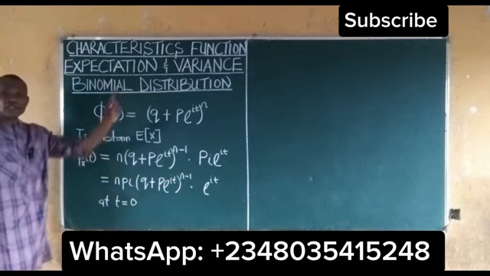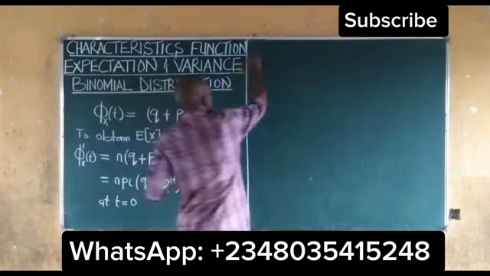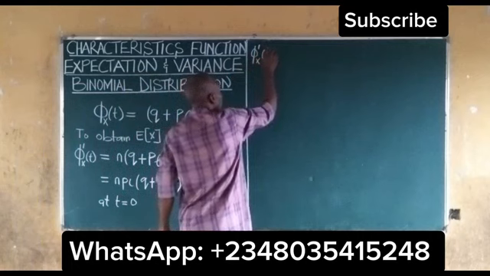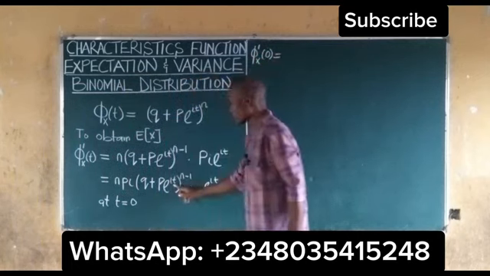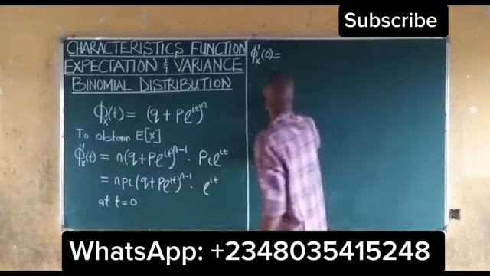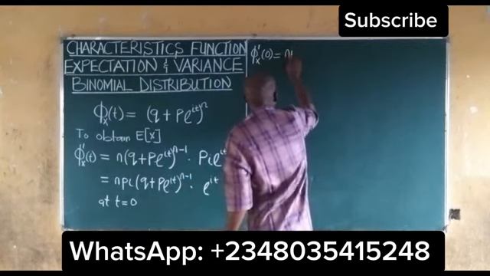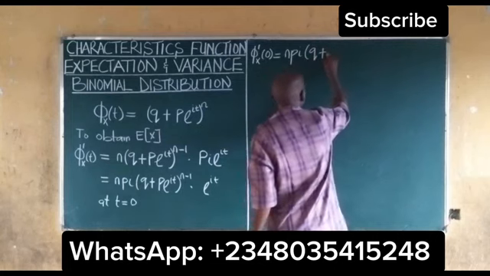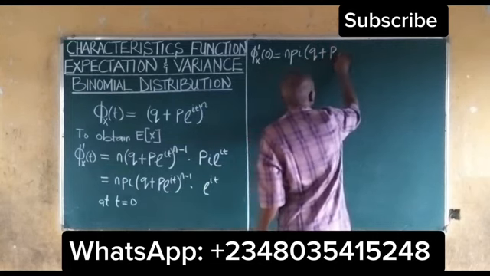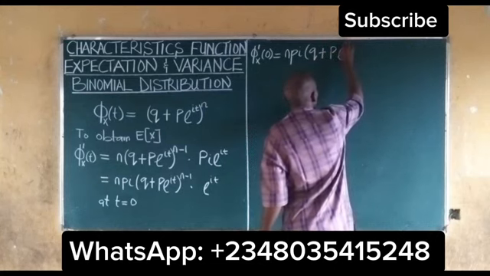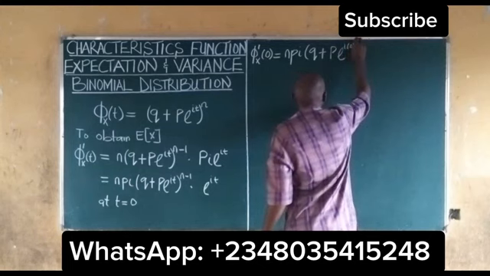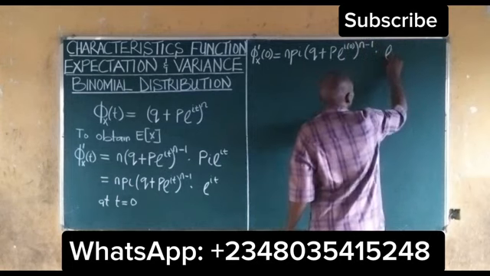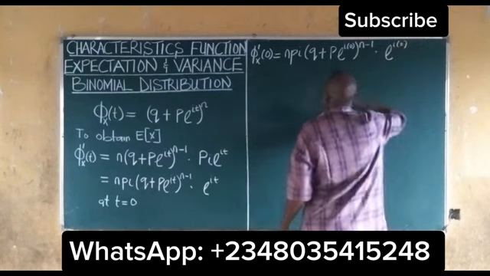We will now write this over to this other side. So we have the characteristic function at t equal to 0. It means anywhere we see t, we put 0. So we write it as n p i into (q + p e^0) raised to n minus 1, multiplied by e^(i0).